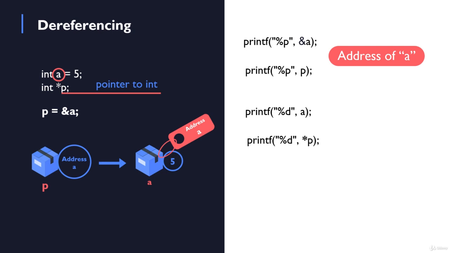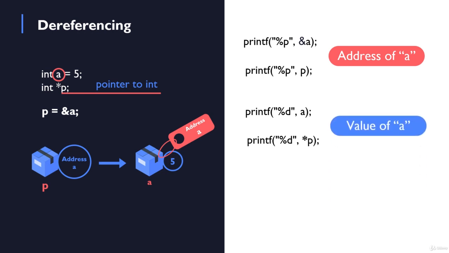So this last printf line will also print the value of A, which is 5. The last two printf lines are kind of identical. They will print the same thing. We are accessing the value of box or variable A indirectly using the P pointer.